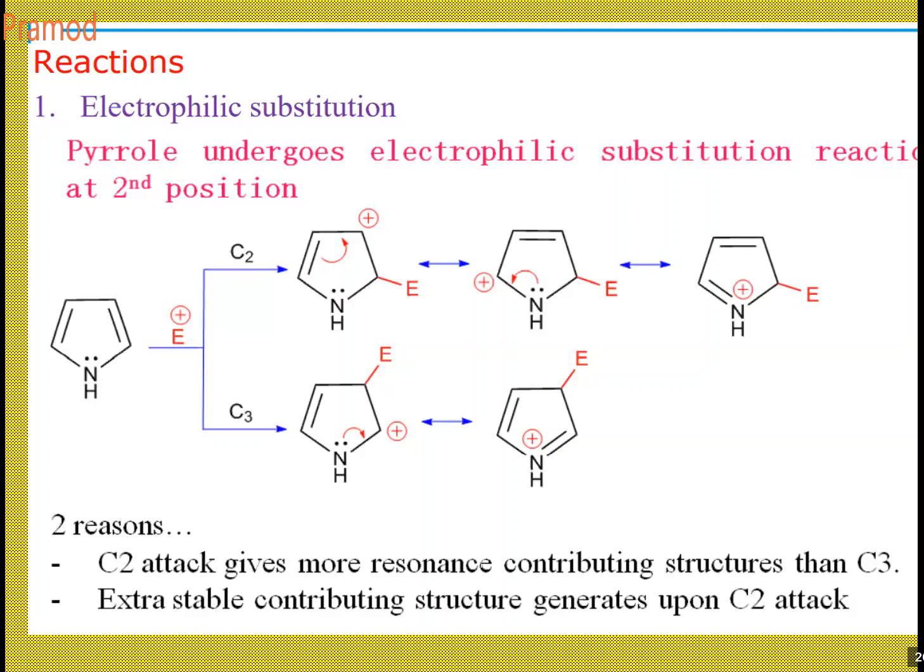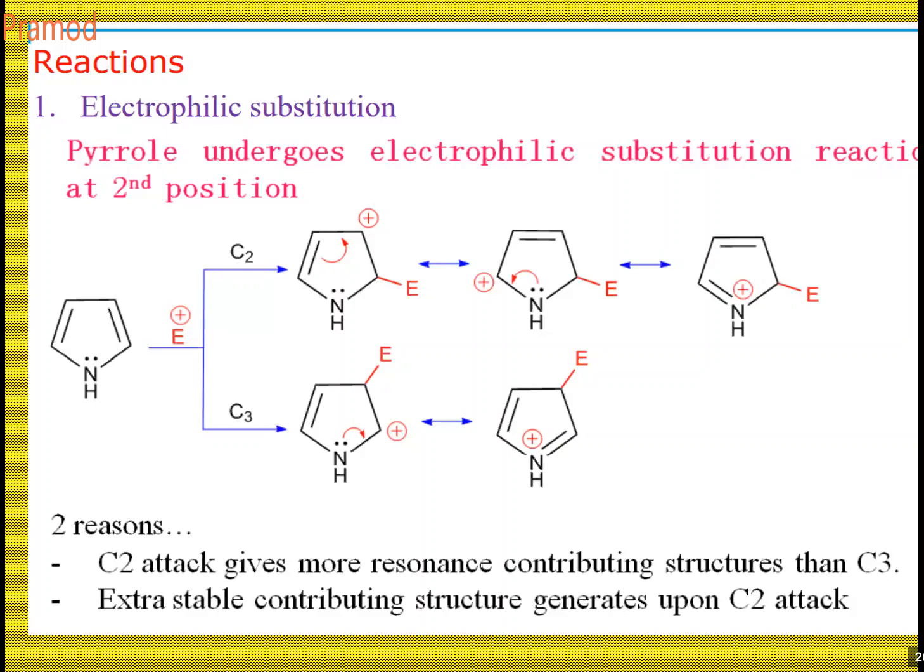So electrophilic substitution basically takes place at the second position, because there are more resonating structures as compared to C3. Moment the positive charge comes on the nitrogen, it destabilizes the structure.